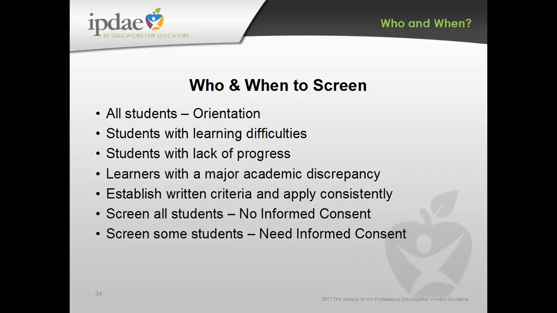Not that many years ago, I was working on a project in Florida where we were trying to set up regional testing centers, let's say north, central, south, where when adult education teachers had students like this and they did the screening, and the screening turned out to show risk factors, we could send our students to have free diagnostic assessments.